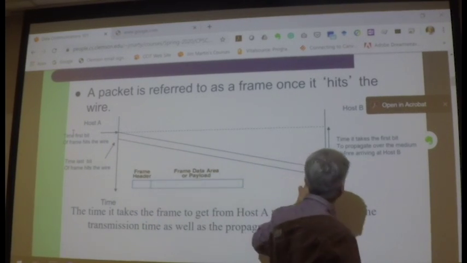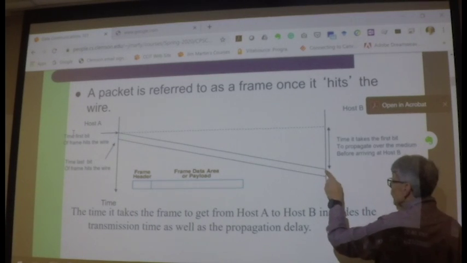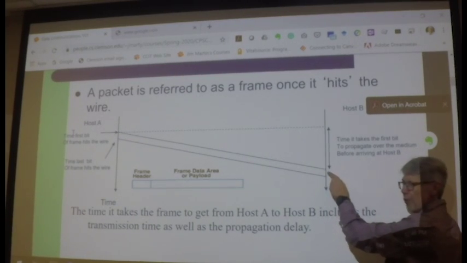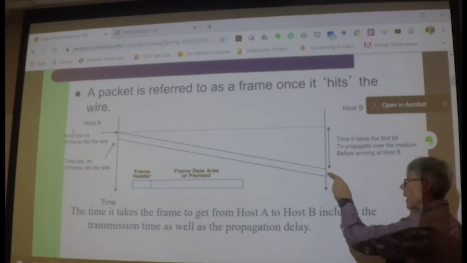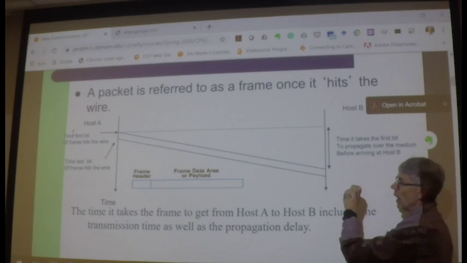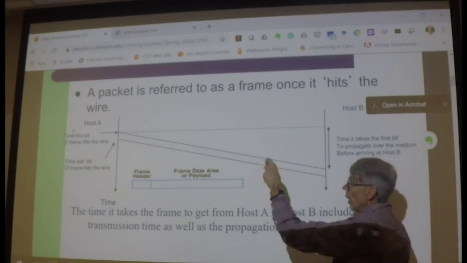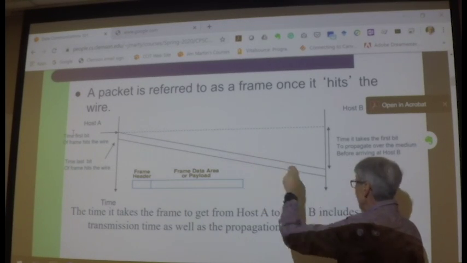And at the receiving end, let's call this T0 prime and this T1 prime. T1 prime minus T0 prime should be identical to T1 minus T0.